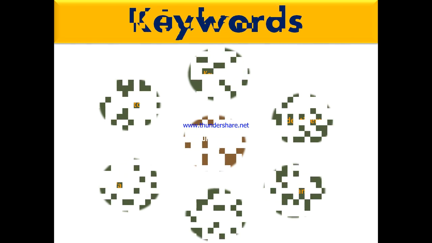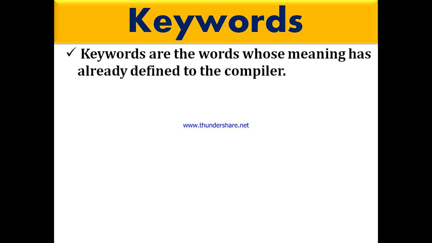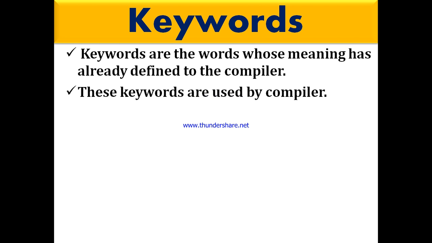Very first, keywords. Keywords are the words whose meaning has already been defined in the compiler. These keywords are used by the compiler, and they cannot be used by the user or programmer.